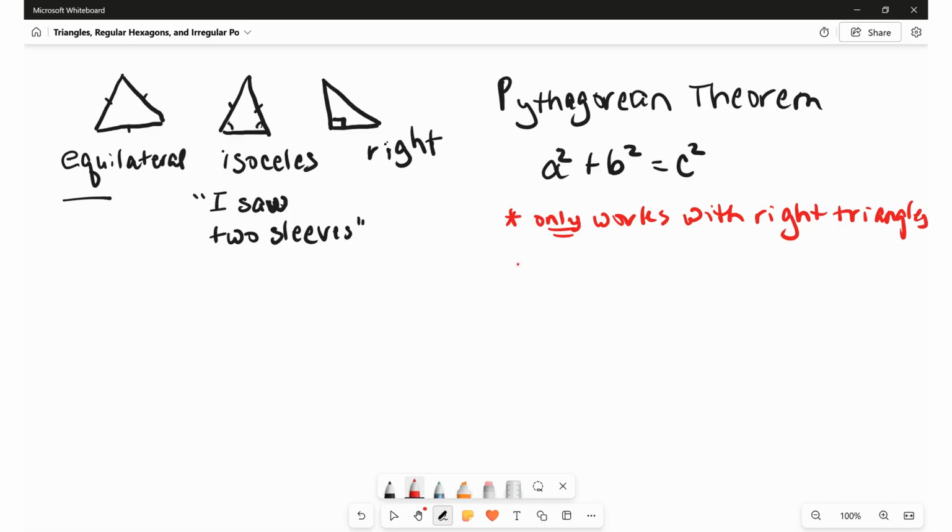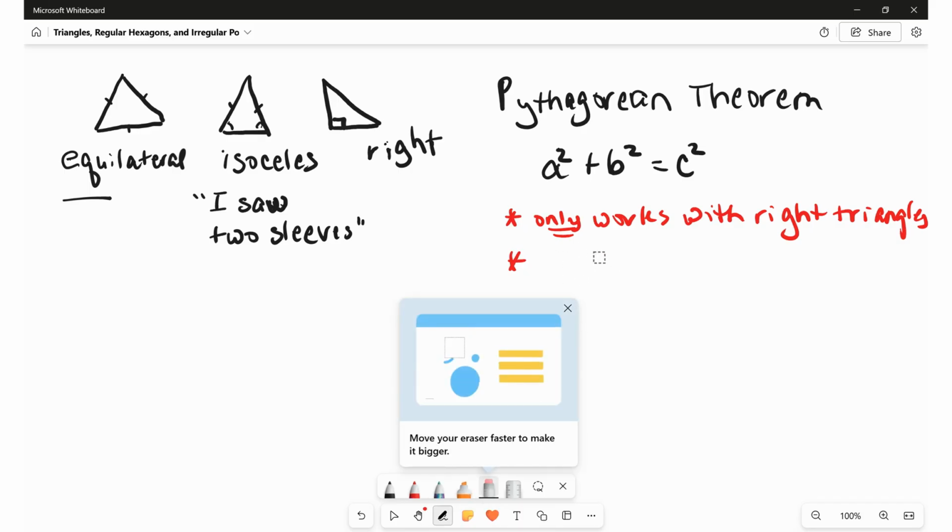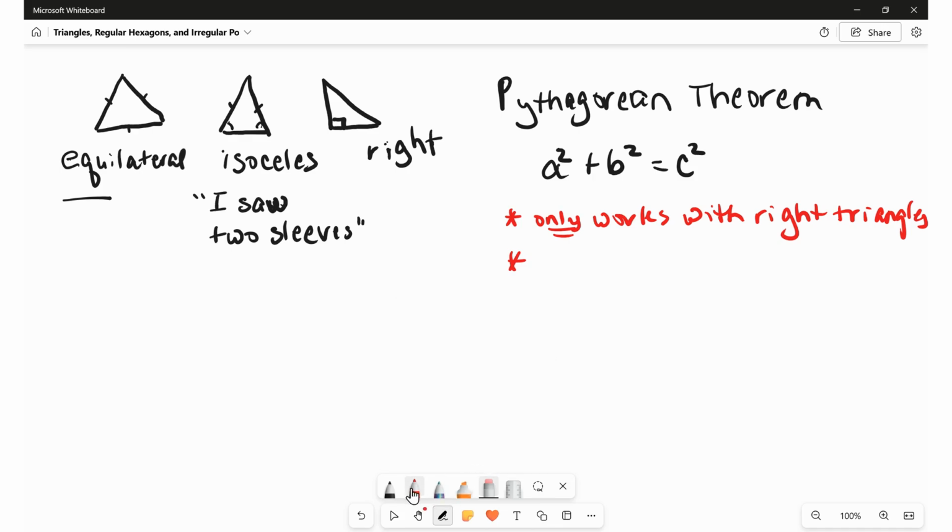Another way of thinking about it is, the letters A, B, and C are just kind of arbitrary.